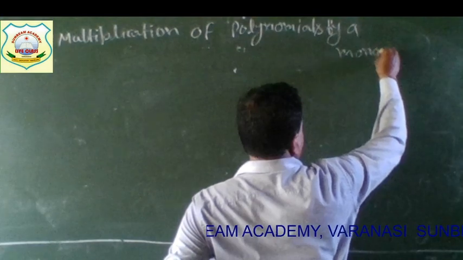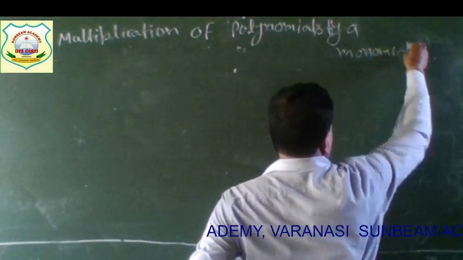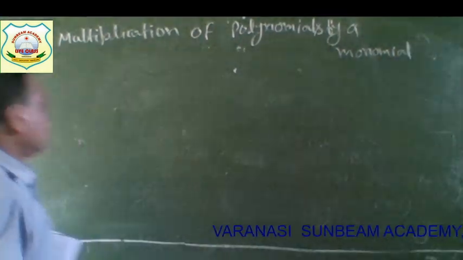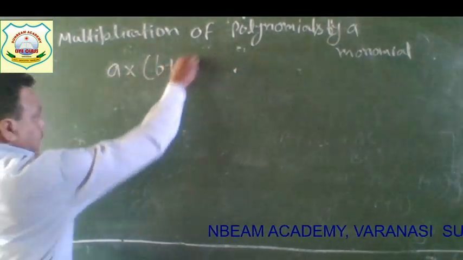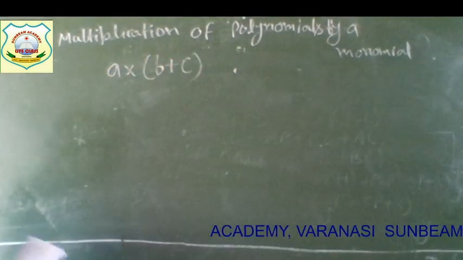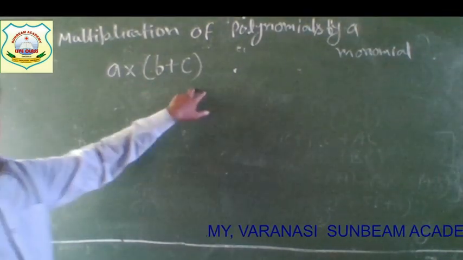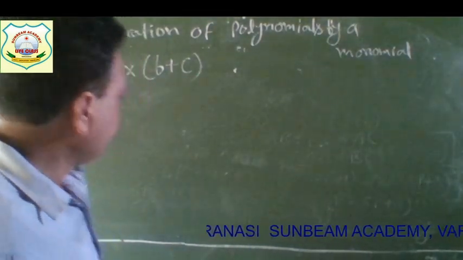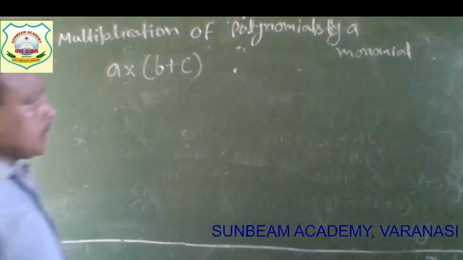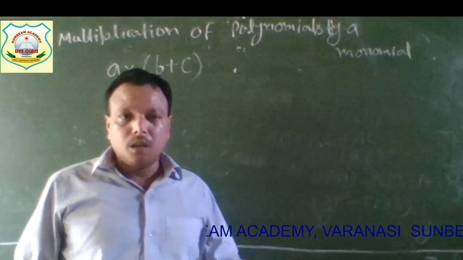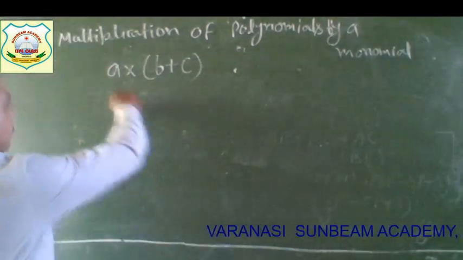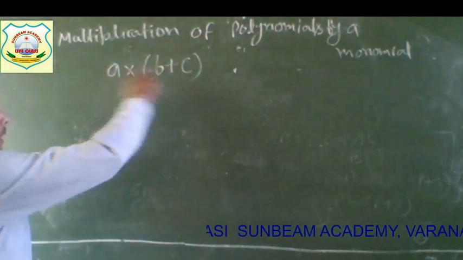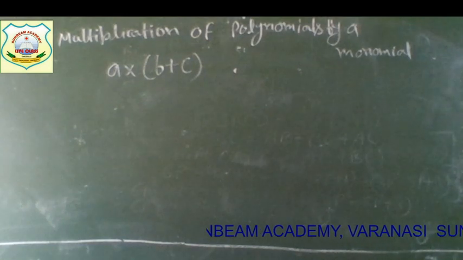Look, students, what we will do here? Suppose we have written a multiply b plus c. Students, you have done this in the integer chapter or rational chapter. This is the form of the distributive law over addition.